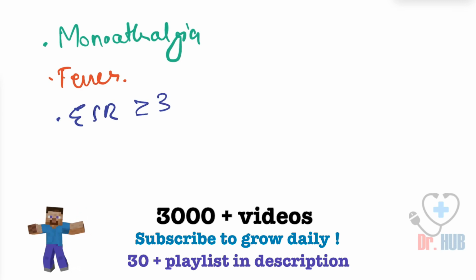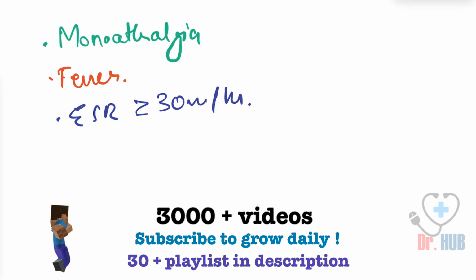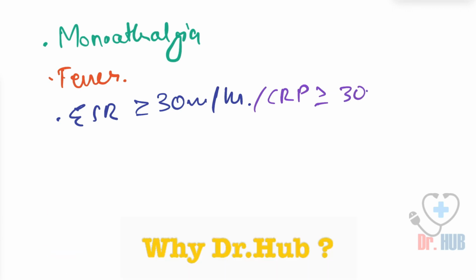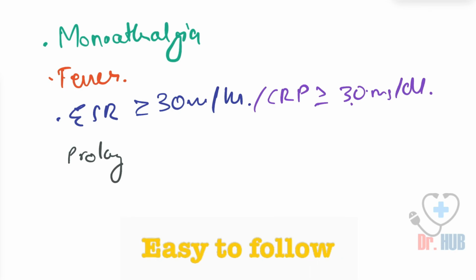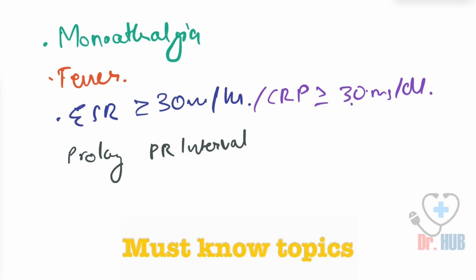ESR is greater than 30 mm per hour, whereas in case of low risk, it was greater than 60. And as well as the CRP, which is greater than 3 mg per dl. Then we also see the prolongment of the PR interval, after accounting for the age variability.